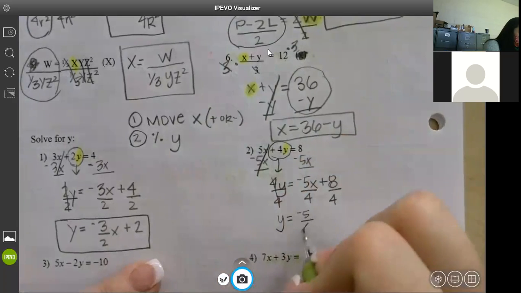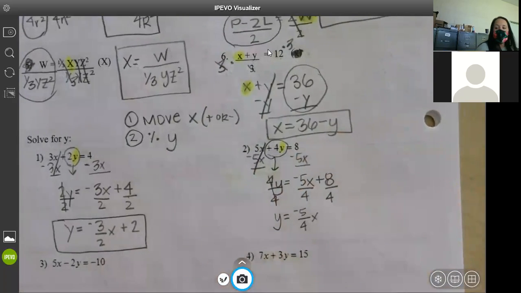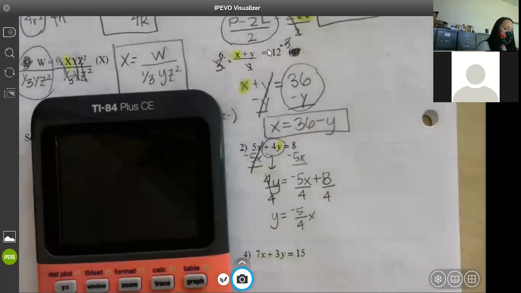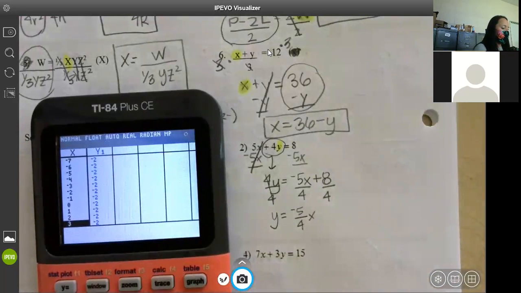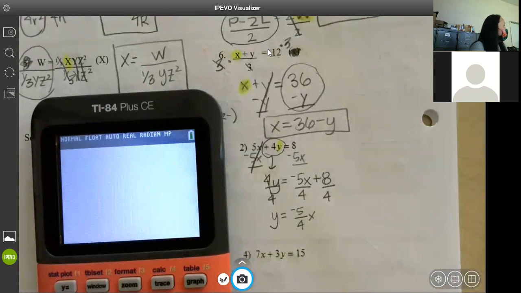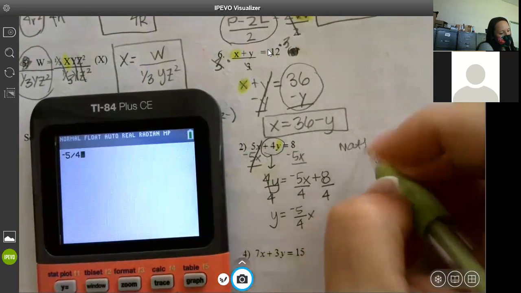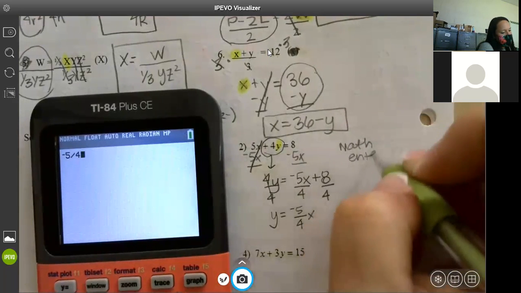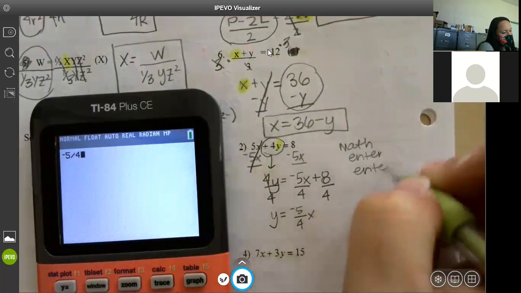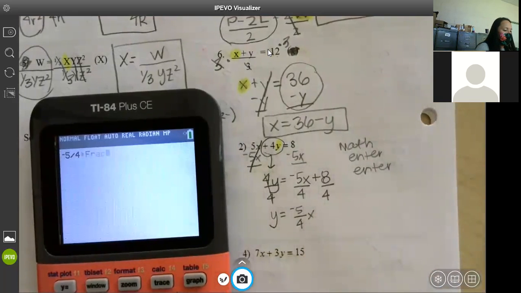This won't simplify. Here's another way that you can tell, just in case you don't know what simplify means or you're not very good at reducing those fractions. If you put it in your calculator, negative 5/4, and you do math, enter. I've told you about this a couple times to turn it to a fraction. Math, enter.